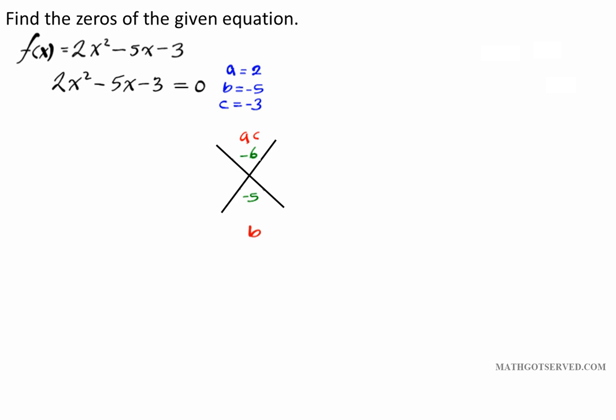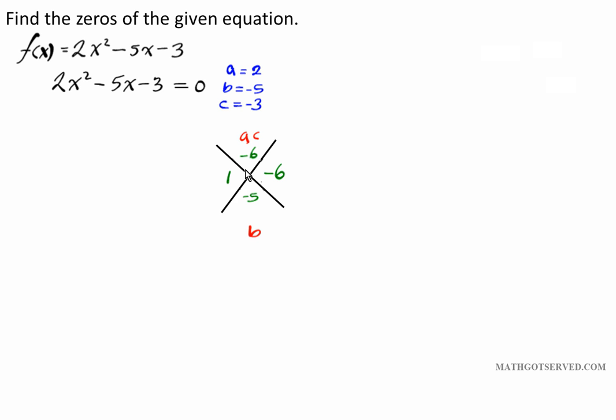You ask yourself, what are two numbers that multiply to give you -6 and add to give you -5? You can list all the multiples of 6, 1 and 6, and 2 and 3, and see which combination, altering the signs, can give you a product of -6 and a sum of -5. If you try 1 and -6, that works perfectly.